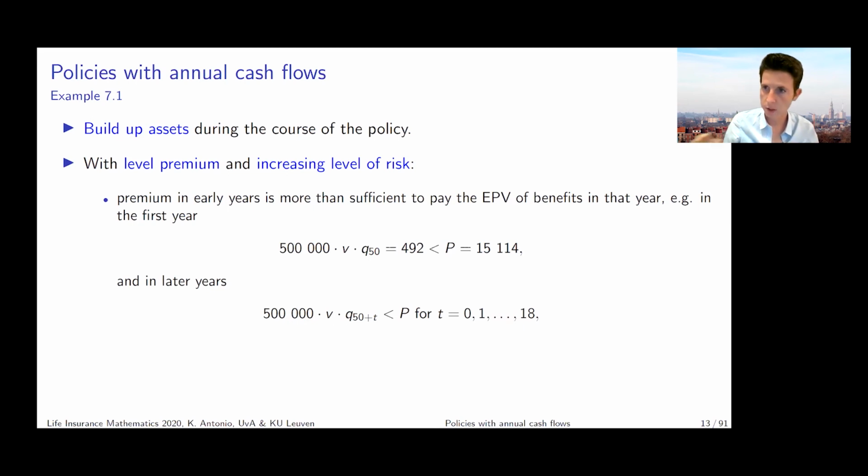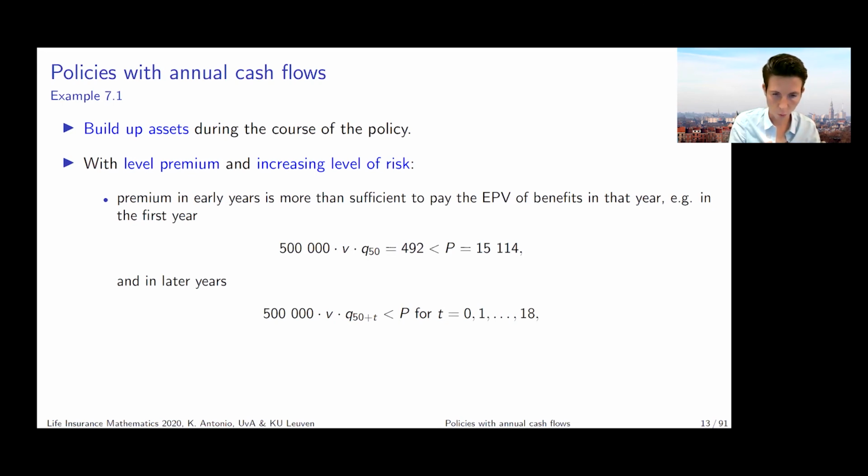So also in later years, this holds for my endowment insurance, which is essentially a term insurance in the first years of the contract, right? So in later years, we also have that the 1 year death benefit cover is worth 500,000 times v times q50+t.